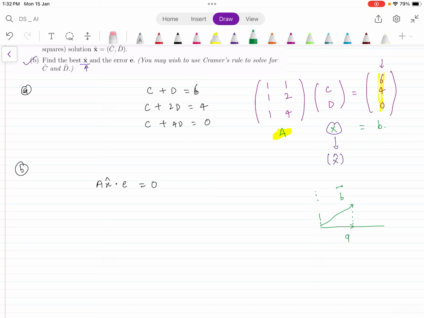After projecting, what you get is some scale factor of a, this length, and the other component of b, which we call e, right? Now you think of this line as a subspace.